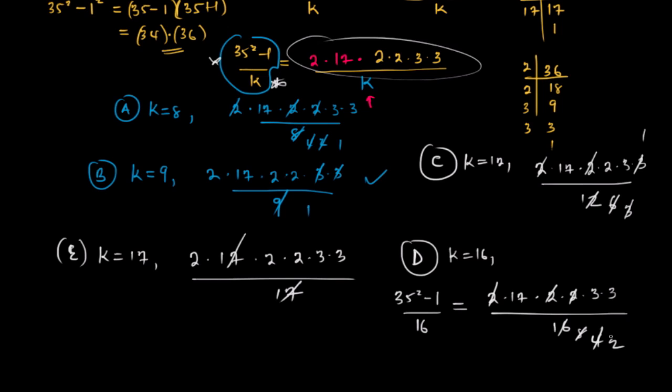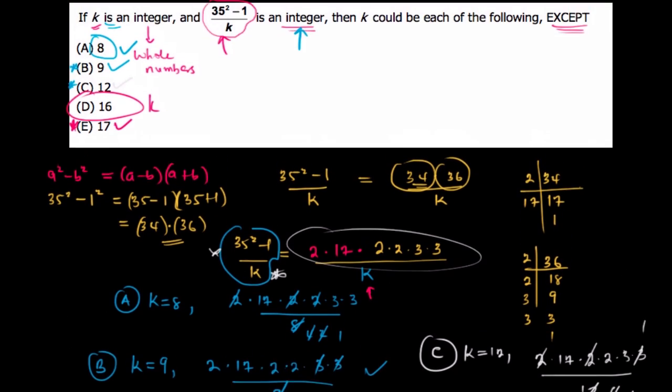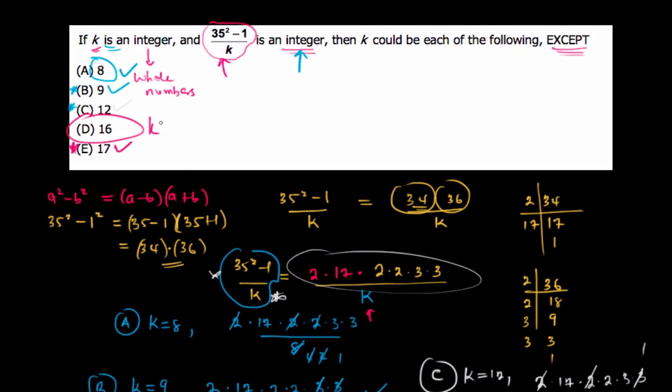But then when you look at this, 3 is not divisible by 2, 3 is not divisible by 2, 17 is not divisible by 2. So that tells us that the solution of this is just going to be 17 times 9 divided by 2. So there's going to be a remainder here. That tells us that this is the only one that does not satisfy the condition. So our answer is D.